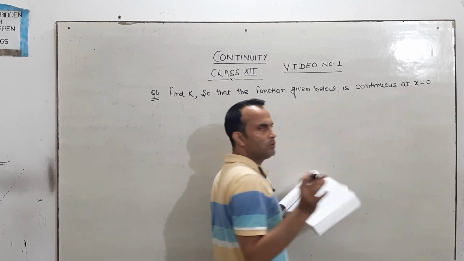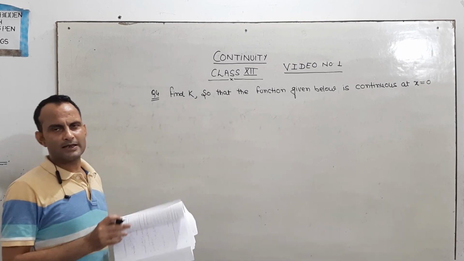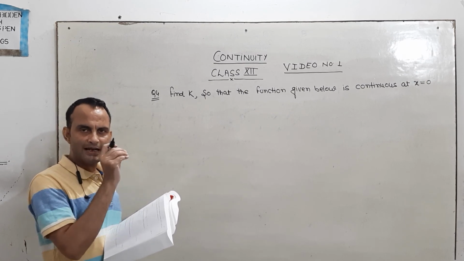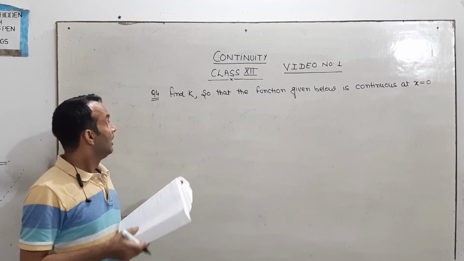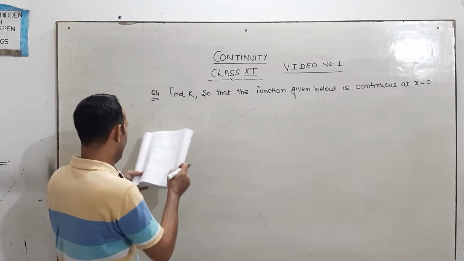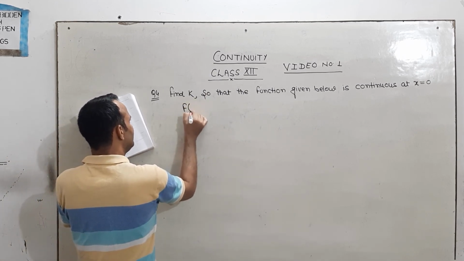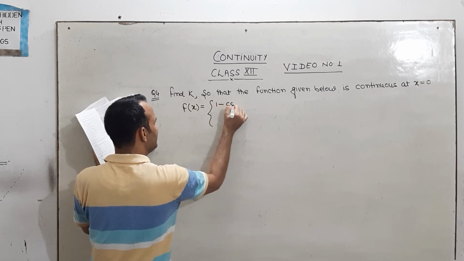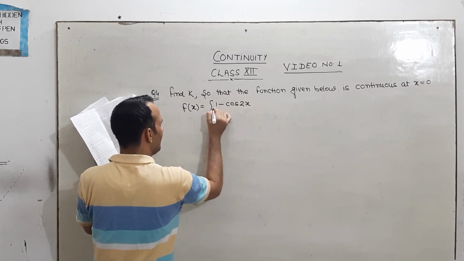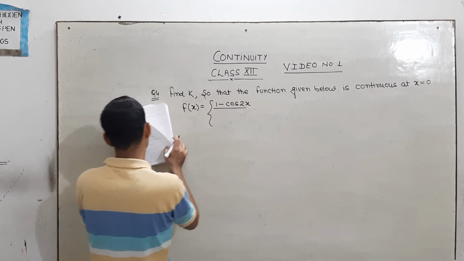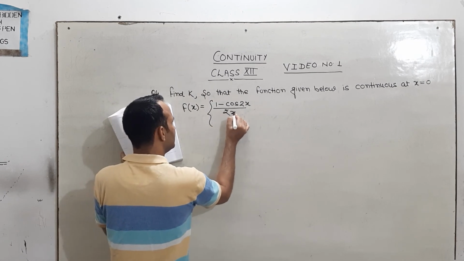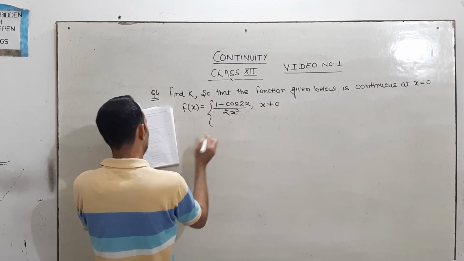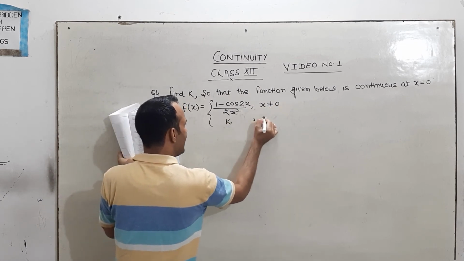Here in this problem also it is already given that the function is continuous, that's why no need to prove that the given function is continuous. Here the function is already continuous at x is equal to 0, means 0 acts as a. And we have to find out the value of k when f(x) is (1 minus cos 2x) upon 2x square, where x is not equal to 0, and k when x is equal to 0.